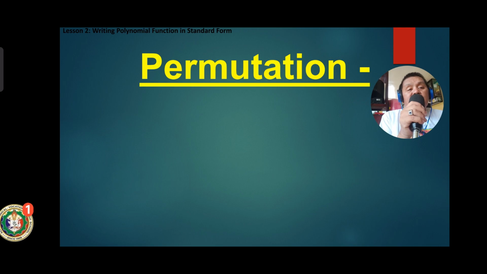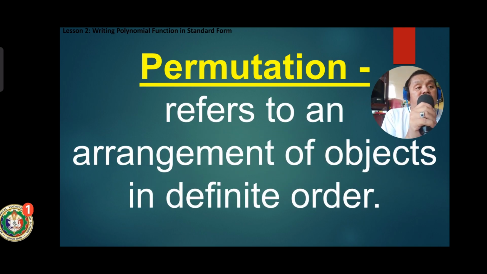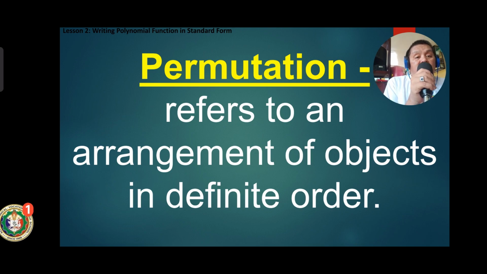What do you mean by permutation? Okay, permutation refers to an arrangement of objects in definite order. So it refers to an arrangement, ang pagpahiluna sa mga butang in exact order.